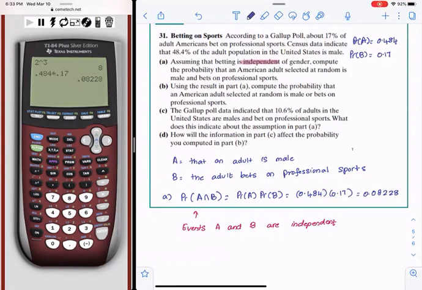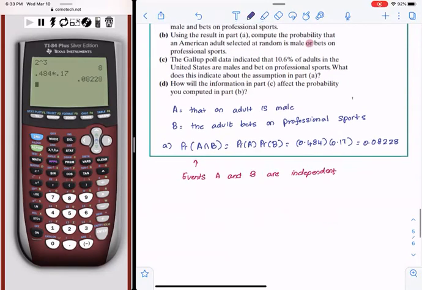Now, using the result in part A, we want to compute the probability that an American adult selected at random is male or bets on professional sports. The conjunction here is or. That is an indicator that we have to use addition rule. So probability that the event is that the adult is male, or so union, the adult bets on professional sports.